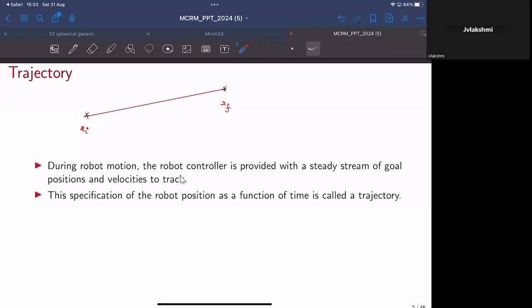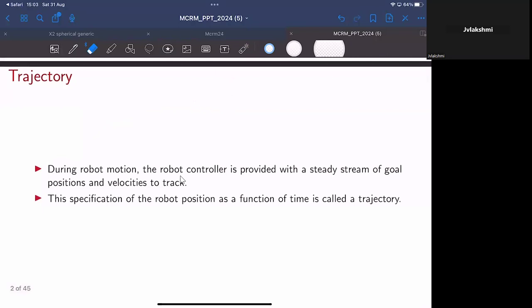That may not always be practical, or it may not even be very good for the motors and actuators. So there are a lot of schemes that we would commonly employ in planning a trajectory so that the robot can move from a start point to the end point.